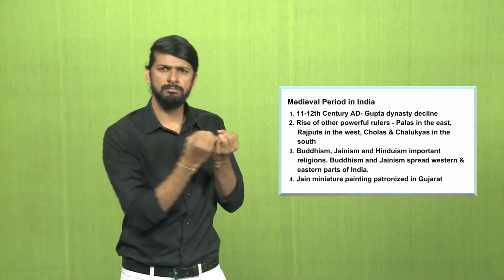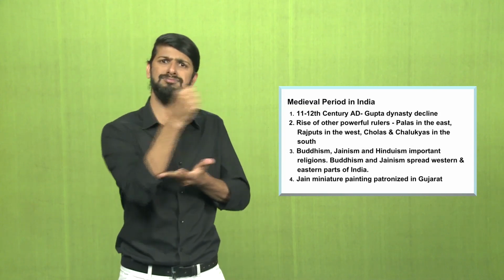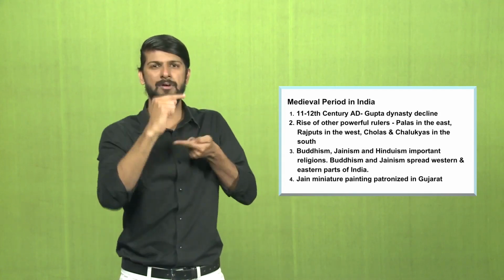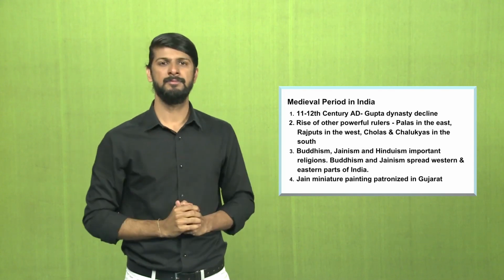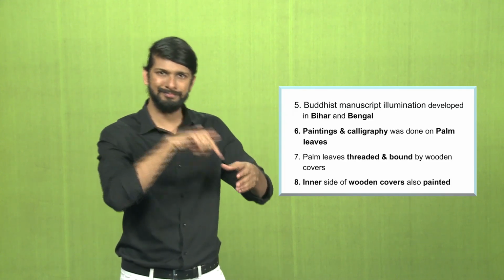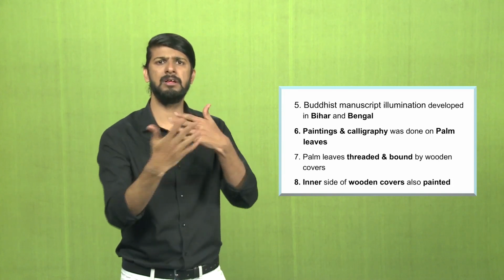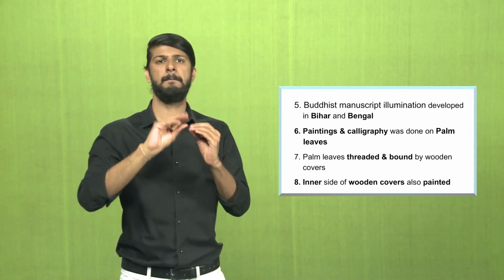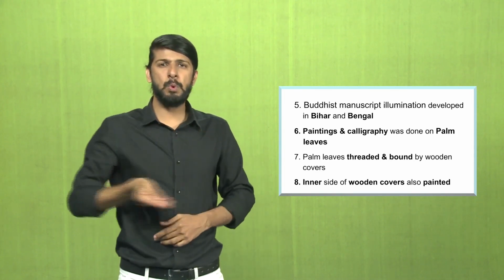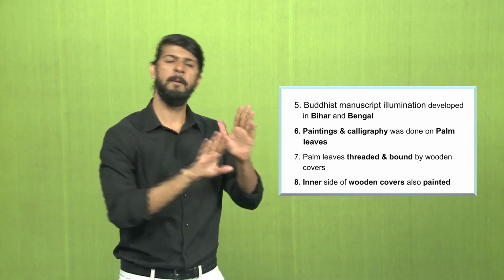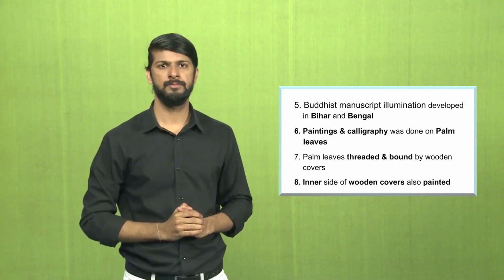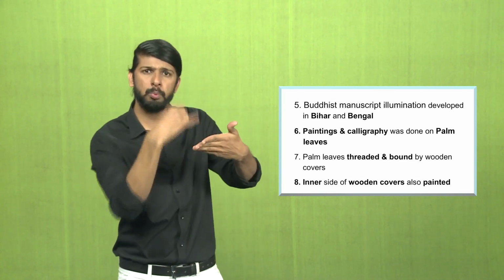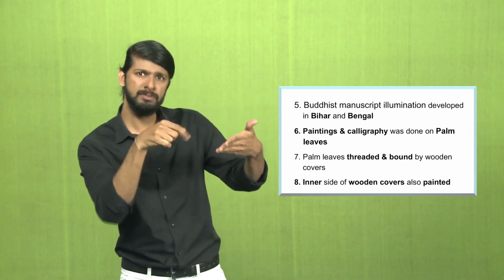The Jain miniature paintings were patronized in Gujarat. The Buddhist manuscript illumination developed in Bihar and Bengal. The paintings and the calligraphy were done on palm leaves.